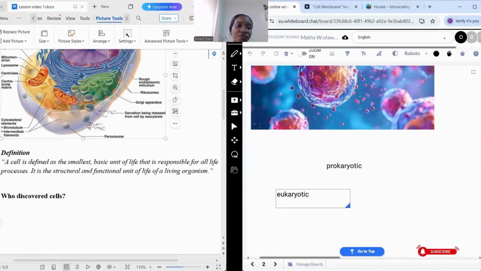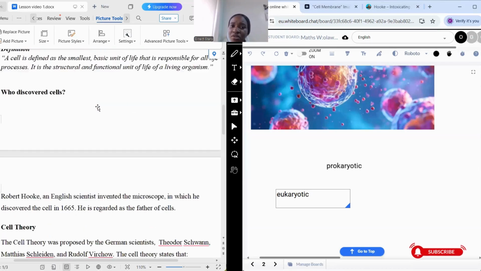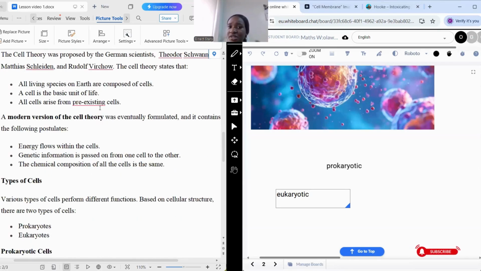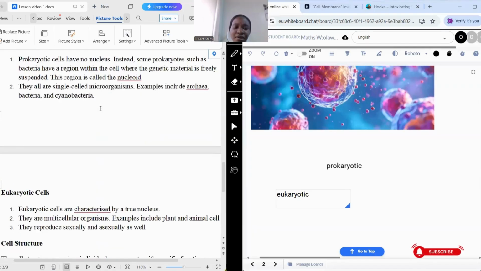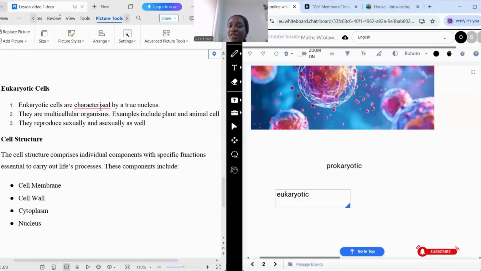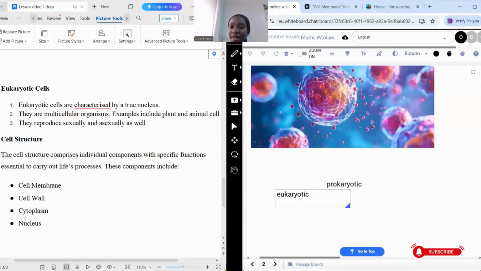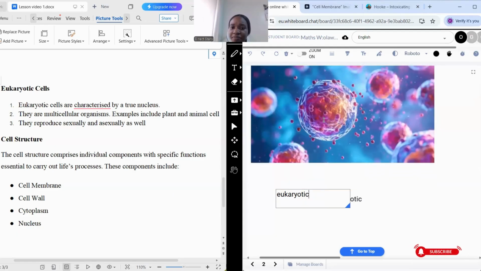Okay, so now let's look further at the structure of the cell. When we talk about the cell, there are certain structures that make up the cell. Let's talk about those structures. Firstly, we have the cell membrane. Take a look at this picture here. This is the picture of a cell. There is this tiny membrane that covers the cell.